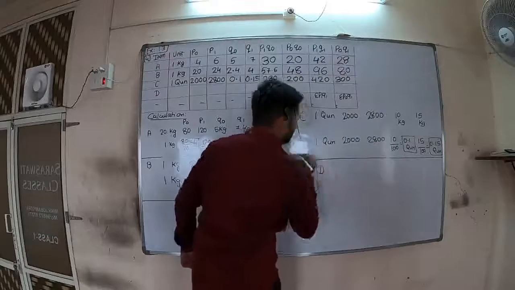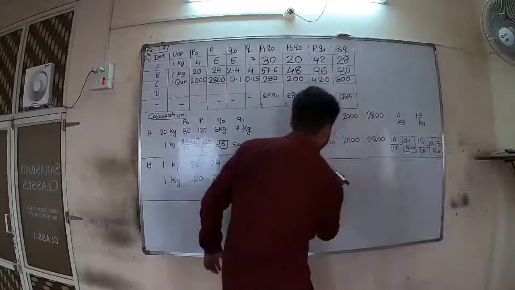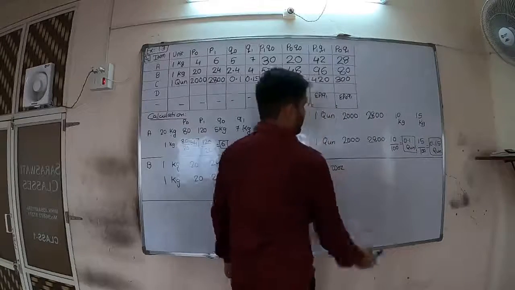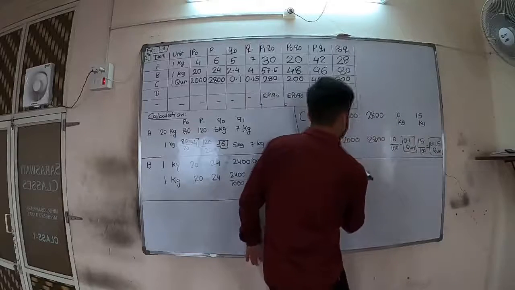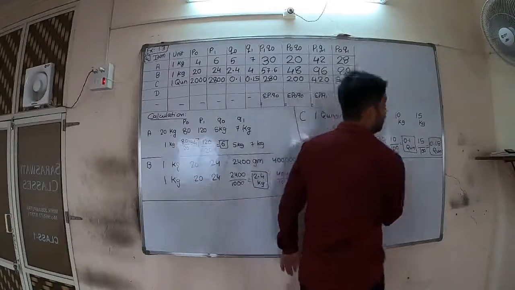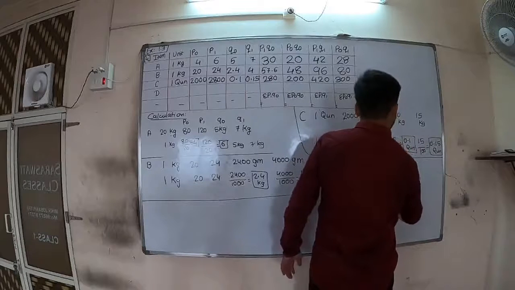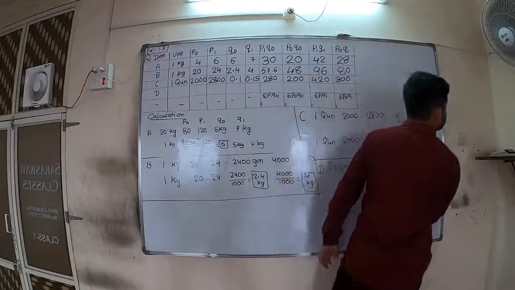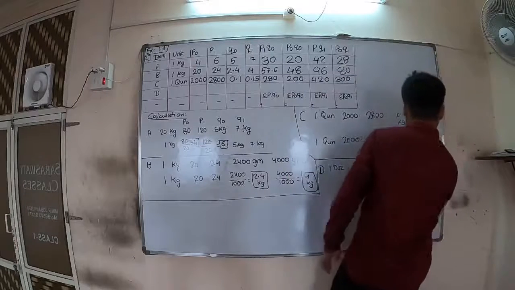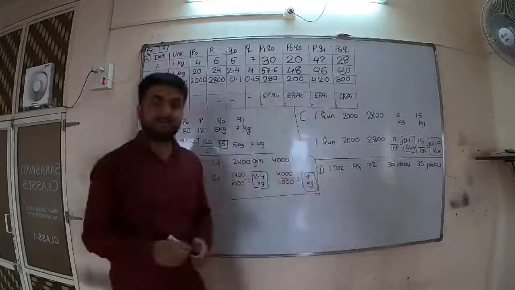Now item B. Item B has 1 dozen, 48, 72, 30 pieces, 35 pieces.